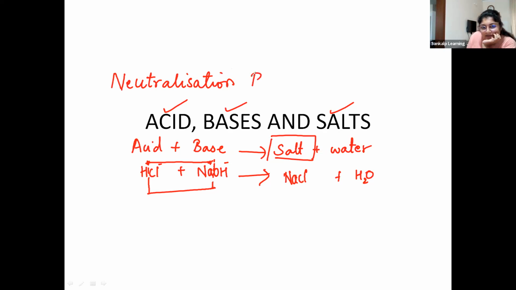Here I have written the spelling: neutralization reaction. Whenever there is a reaction between an acid and a base, it always gives you a salt, and this reaction is called a neutralization reaction.